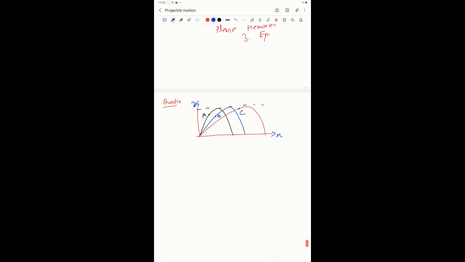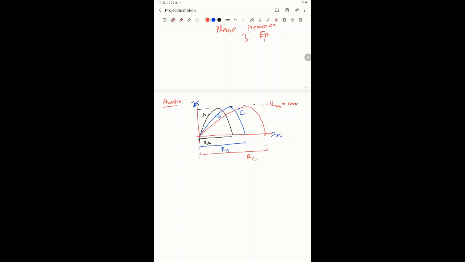Now their ranges are different. This is the range of A, this is the range of B, and this is the range of C. But the maximum height they are attaining, h max, is the same.